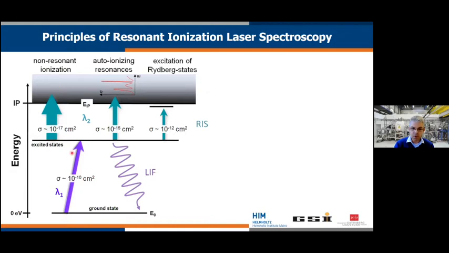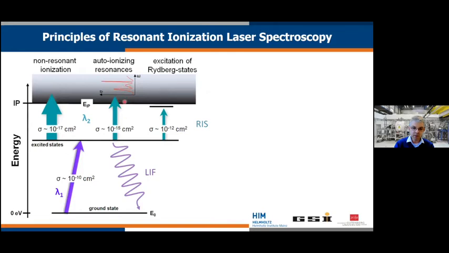There are 2 or 3, let's say 3 most commonly used ways. The one is the brute force approach, where you have a non-resonant transition. This has, of course, the lowest cross-section, but you can partly compensate by using very high power. You can have an excitation to so-called auto-ionizing resonances, which are sort of bound states in the continuum, which then immediately decay.